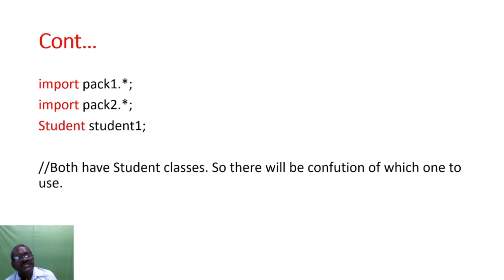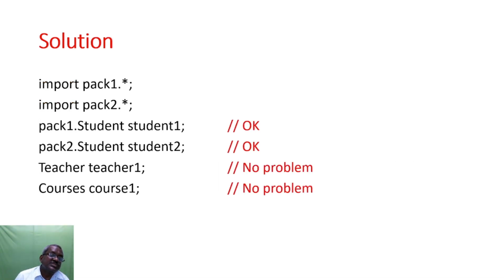For example, there is a student in package 1, there is a student in package 2. Both have student classes. So there will be a confusion. This should not be used. Instead of that, you have to use package 1 dot student as student 1, package 2 dot student as student 2.